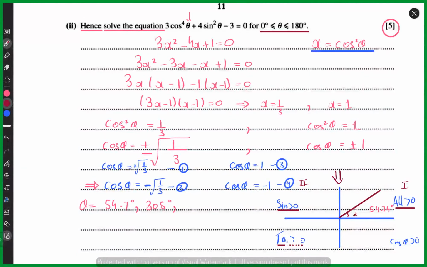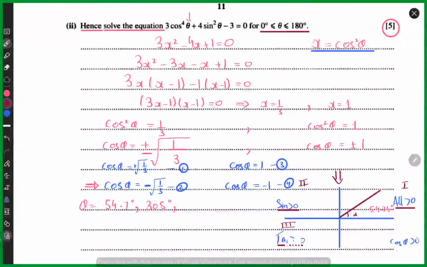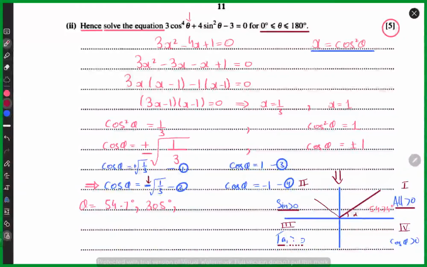So our required quadrants are second and third, because in the fourth quadrant, again, cos is positive, and here we have negative cos. The next thing is, how do we find the angle in the second and third quadrant? So this is alpha, and this is also alpha.